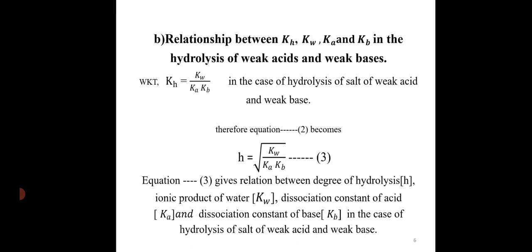Therefore, equation 2 becomes h is equal to square root of Kw divided by Ka into Kb. Call this equation 3. Thus, equation 3 gives the relation between degree of hydrolysis, ionic product of water, dissociation constant of acid and dissociation constant of base in the case of hydrolysis of salt of weak acid and weak base.